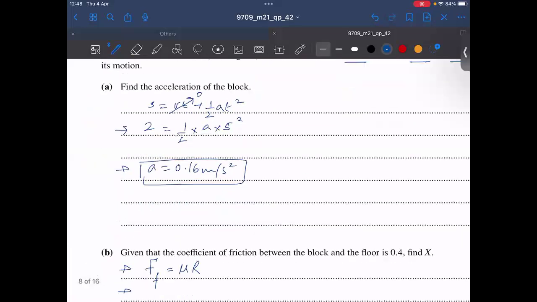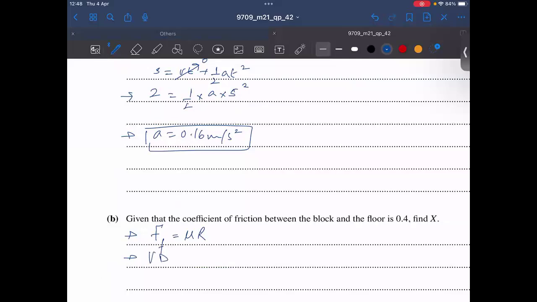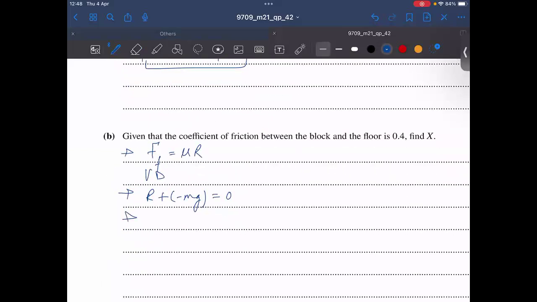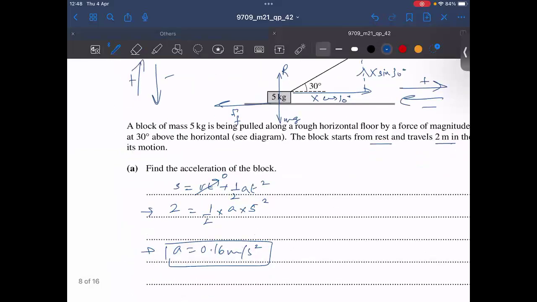So in the vertical direction, R minus mg equals 0, because in the vertical direction we don't have any acceleration. So R is basically equal to mg, which is 5 times 10. It's going to be 50 Newton.